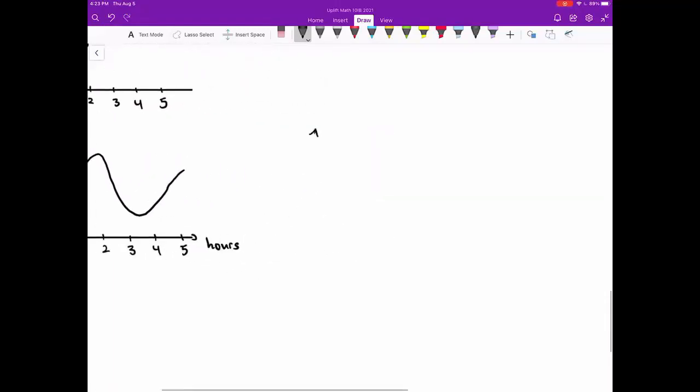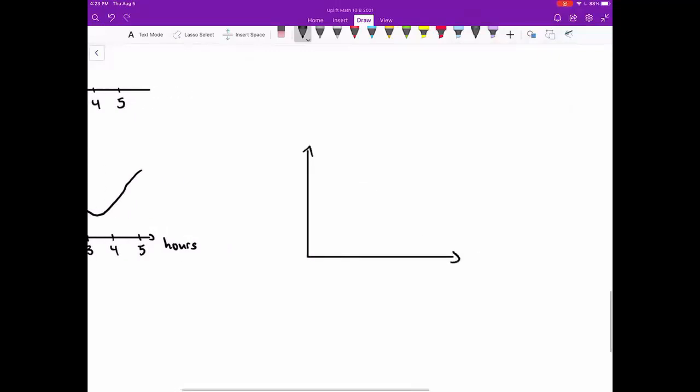So distance over time would be a continuous graph. Do you want to explain why? Okay, should we draw the graph first? Yeah, that's a good idea. The reason it's a continuous graph is that if you're traveling in a car, your car is not really teleporting along the way.